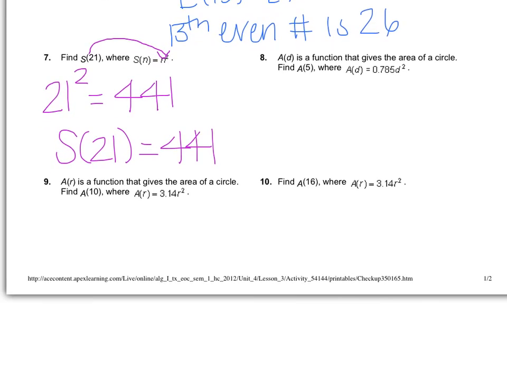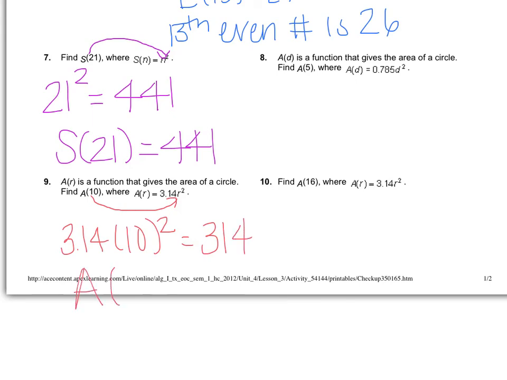And for our last one, they ask us to find A of 10, and they give us this function, 3.14 times r squared. So in our calculator, we put 3.14 times 10 squared, which is going to give us 314. So we could say that A of 10 equals 314, and that would be our answer.